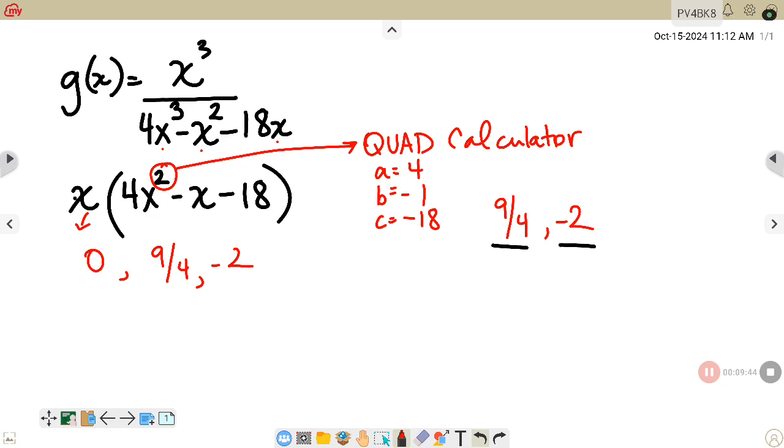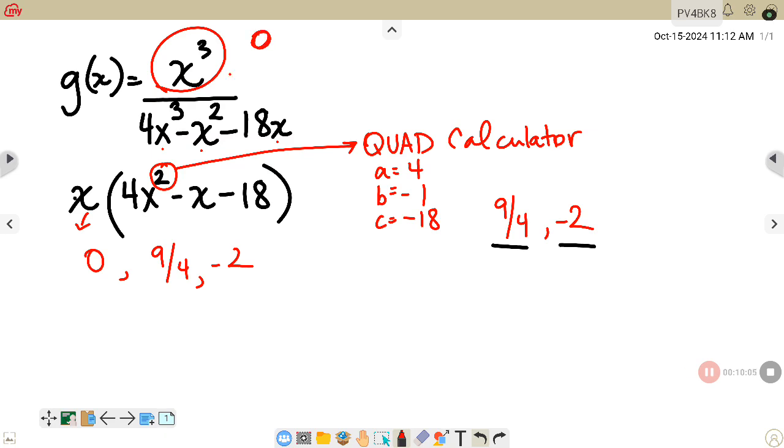So I have three zeros of the denominator: 0, 9/4, and negative 2. Now look at your numerator. What number, when you plug it in for that x and raise it to the third power, gives you 0? Well, that number would be 0.